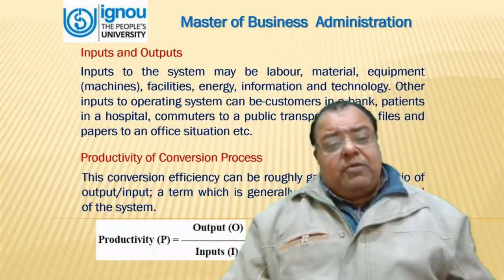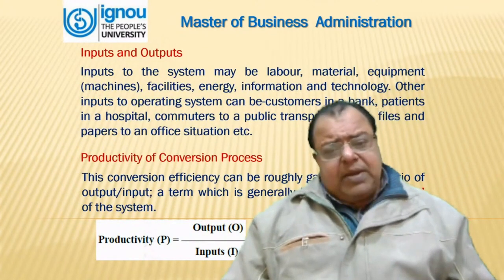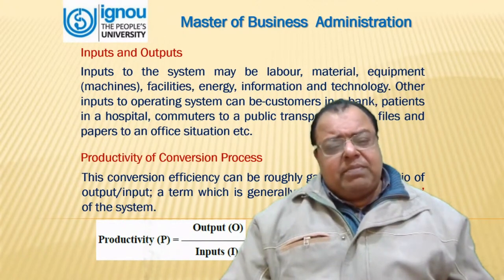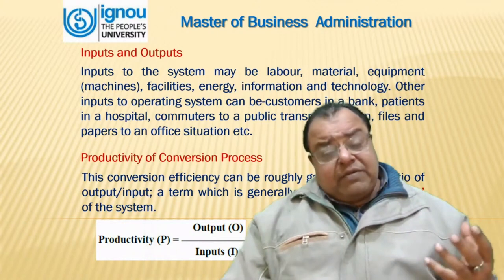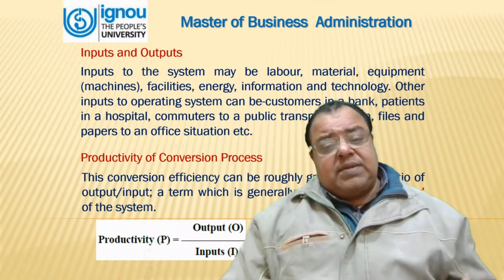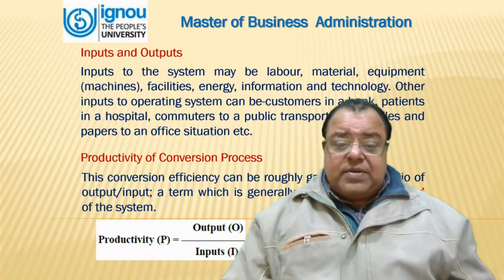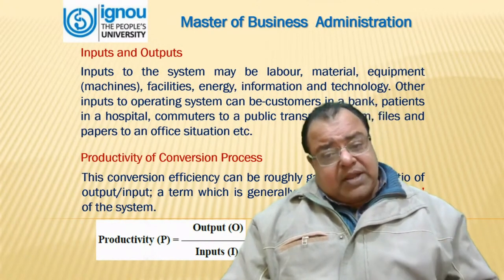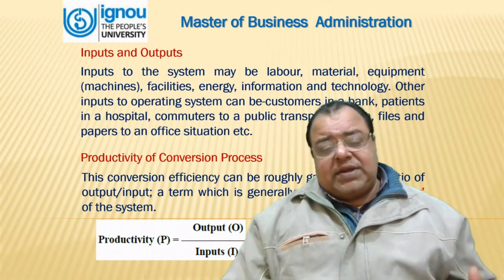Now, inputs and outputs. Input to the system may be labor, material, equipment, machines, facilities, energy, information and technology. Other inputs to operating system can be customers in a bank, patients in a hospital, commuters to public transport system, files and papers to an office situation, etc.